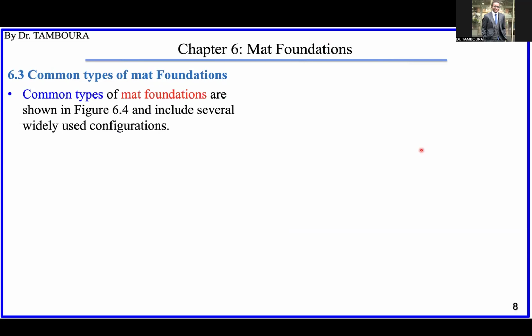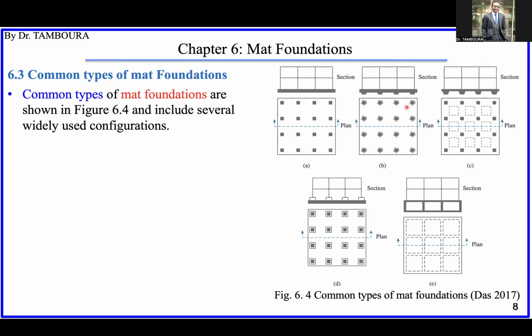Okay. So what are the different types of mat foundation? We will show them here. This figure is showing A, B, C, D, and E. You can see for each case we have a plan view and a section.